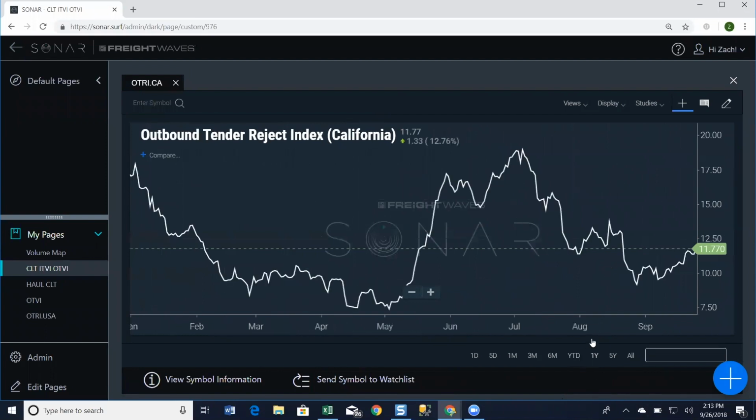It enables you to see what all the markets in California, for instance, are doing. It combines San Francisco, Los Angeles, Fresno, the entire California state into one tender rejection.